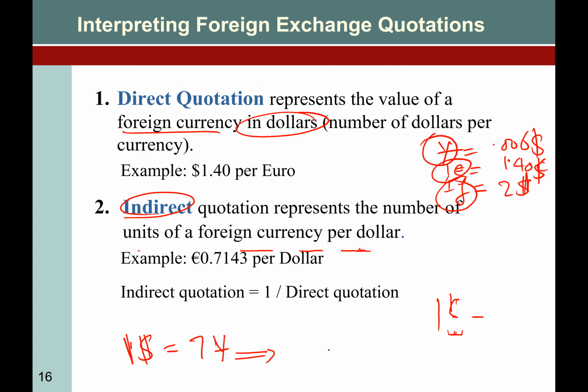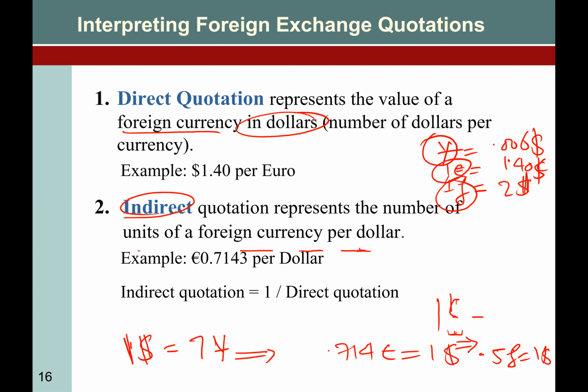So you see 0.7143 euro is equal to $1. 0.5 pound is equal to $1. If I exchange my home currency for foreign currency, I will get 0.5 pounds, right?